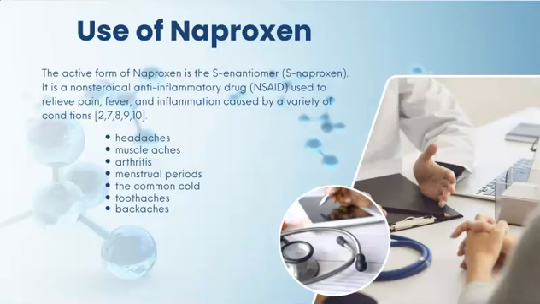It was interesting to learn that the active form of naproxen is S-naproxen, the S enantiomer. It is used as a non-steroidal anti-inflammatory drug.